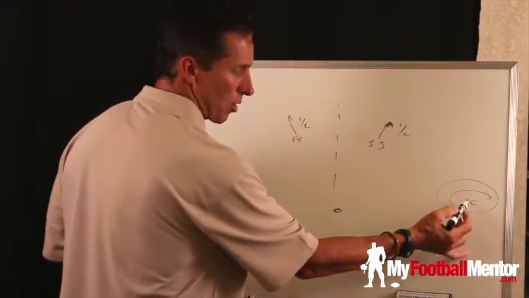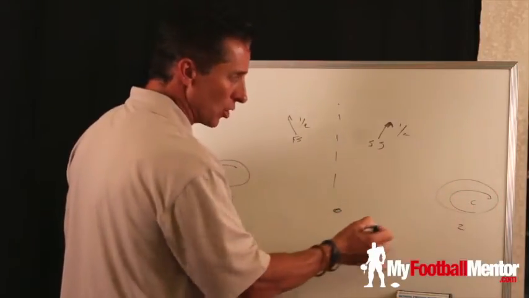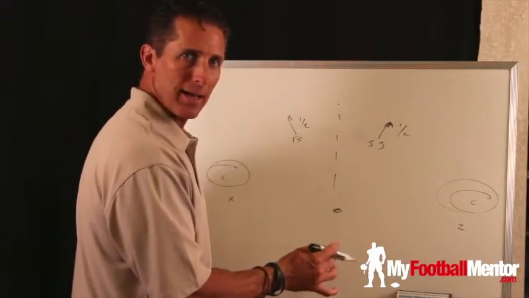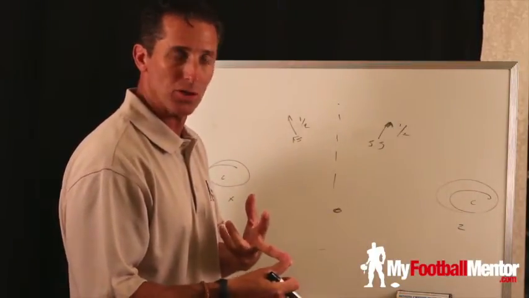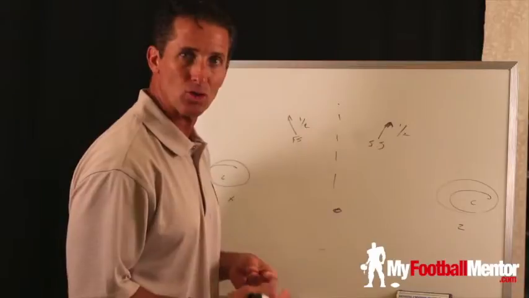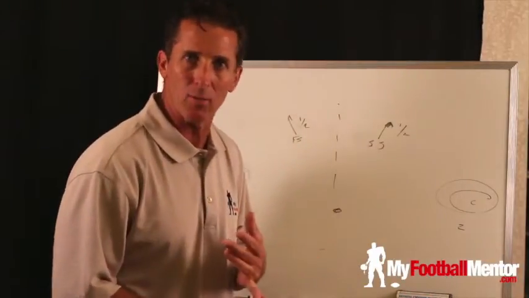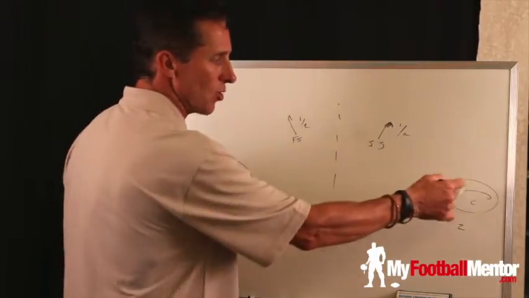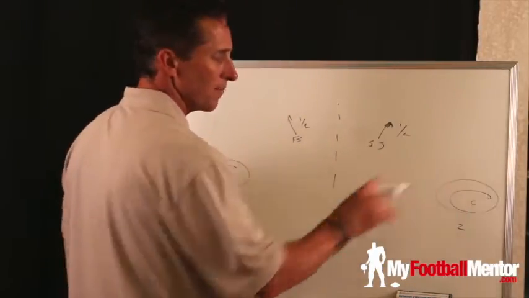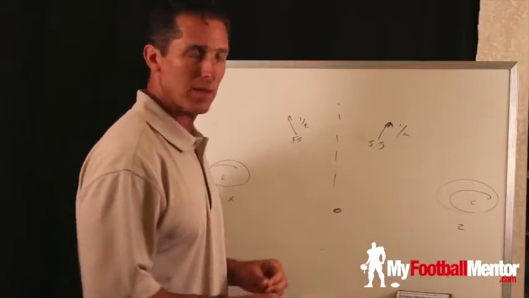Now if you see a corner who's aligned outside of the receiver and his eyes are looking in at the quarterback, that tells you that it's a zone coverage, because he's reading the quarterback's drop step, whether the quarterback's dropping 1, 3, 5, 7, whether he's bootlegging, all those types of things. He's going to determine his coverage responsibility based on the drop steps.